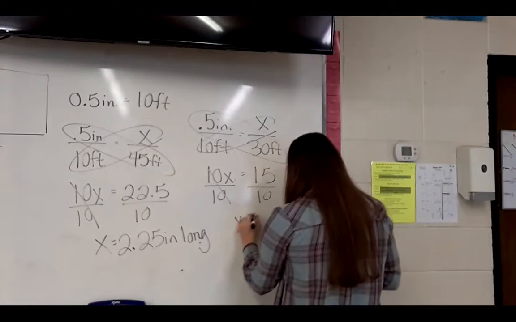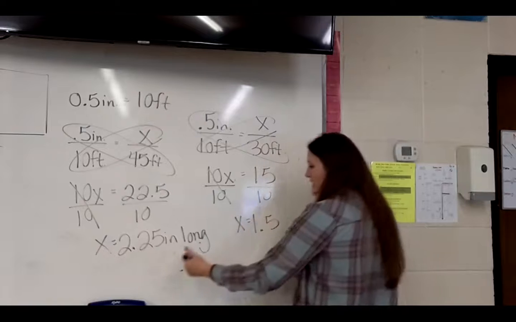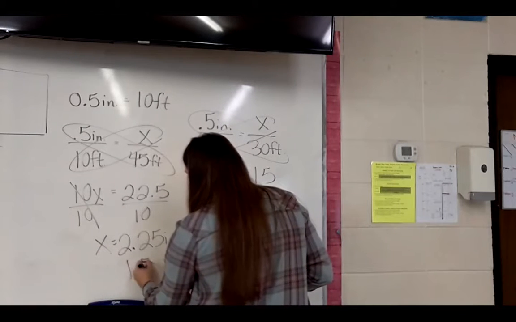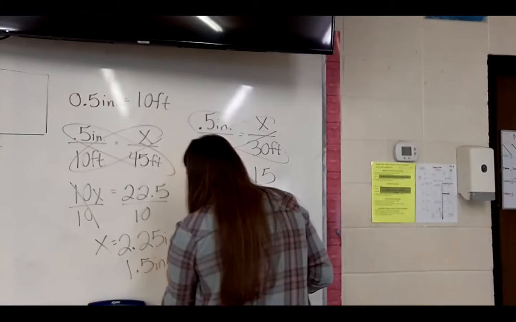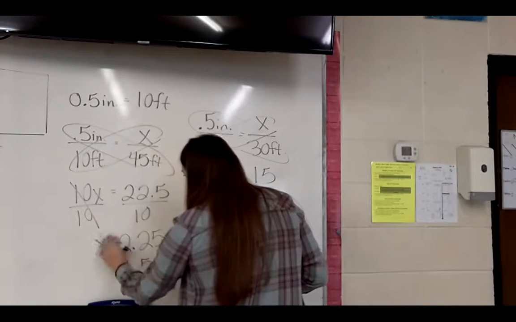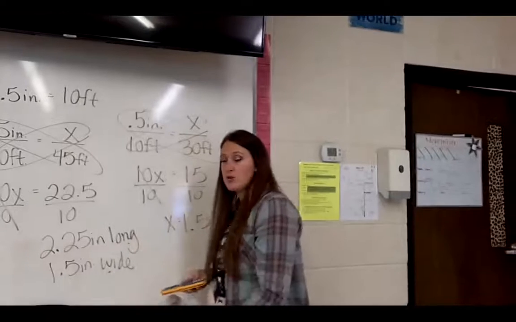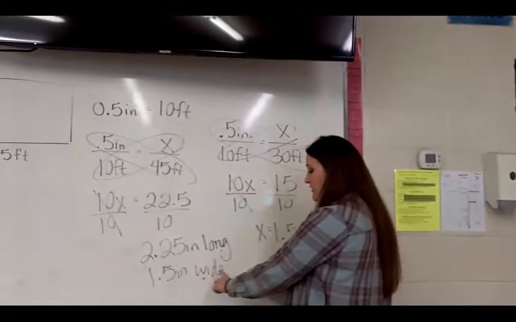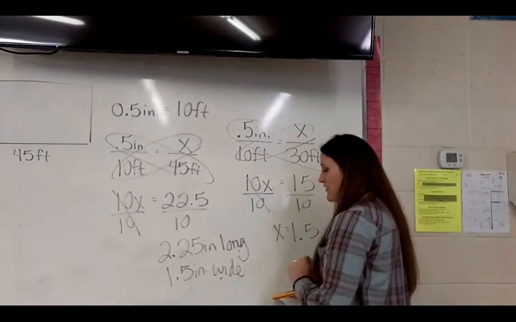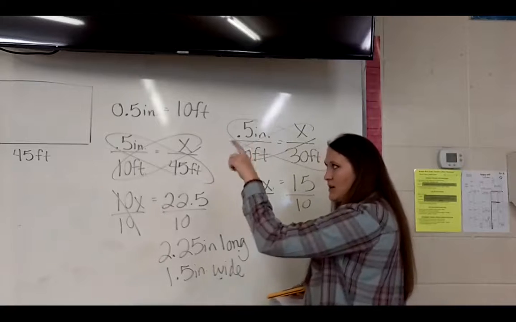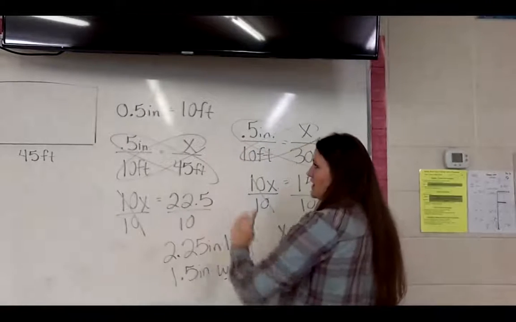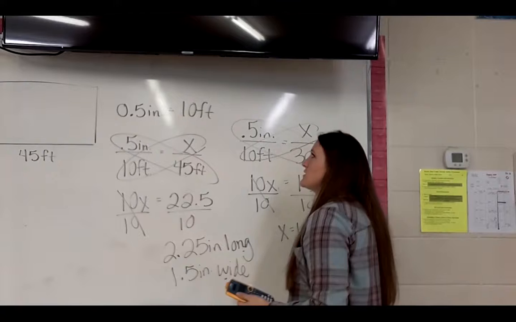And we get 1.5. So that means it is 1.5 inches wide. So we would be able to draw that courtyard, or the scale model of our courtyard, because it would only be 1.5 inches wide, 2.25 inches long, to represent that courtyard using the scale of 0.5 inches equals 10 feet.